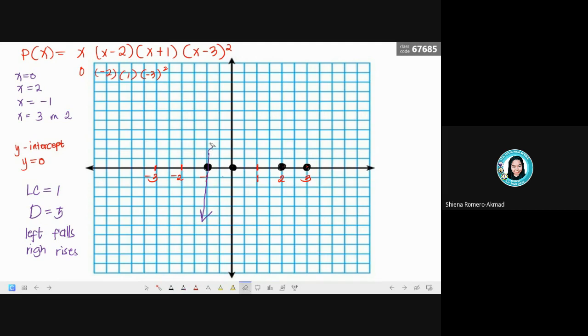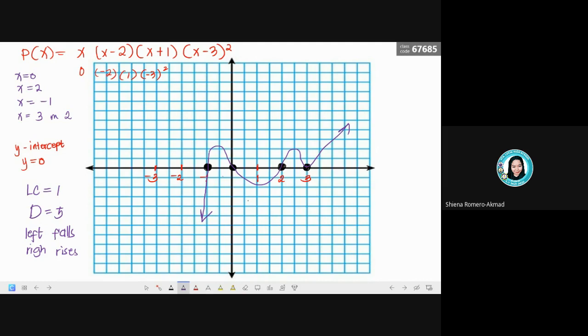Ba't ganun yung ano ko dito? Cross. Cross, touch. Yay! Ayan. Kasi pag tinanggal ko 'to, 'di ba, oh, tingnan niyo, tanggal lahat. Cross, cross, cross.